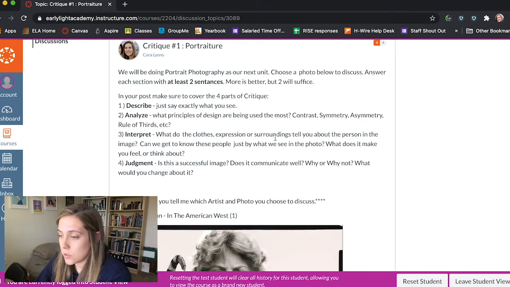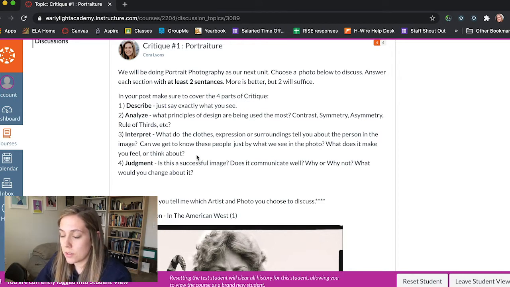Can you get to know these people just by what we see in the photo? Is there enough information to interpret something about their personality? And what does it make you feel or think about? Do you have an instinctive reaction to the photo? Does it give you a certain impression, or does it have a particular mood that you're picking up on?